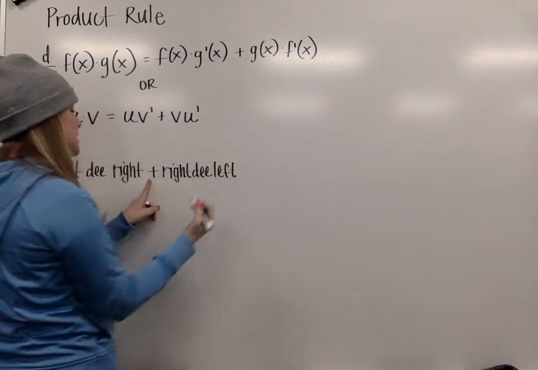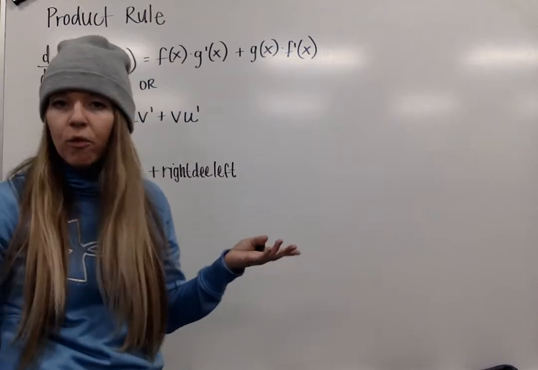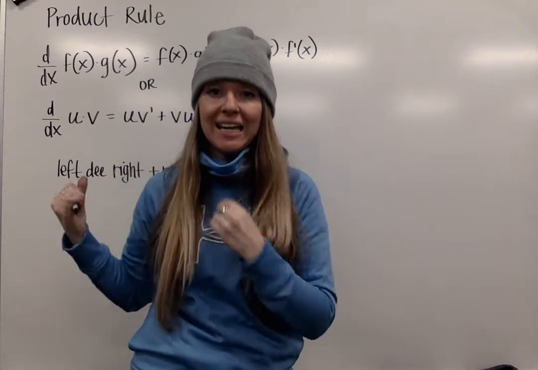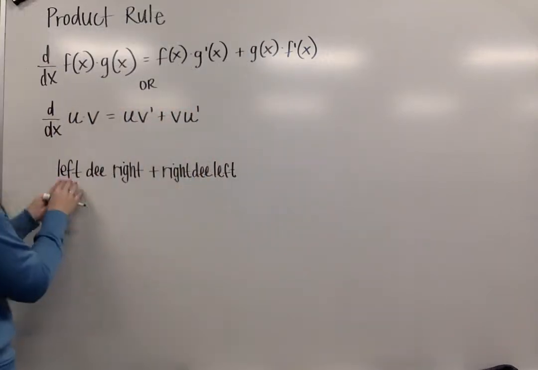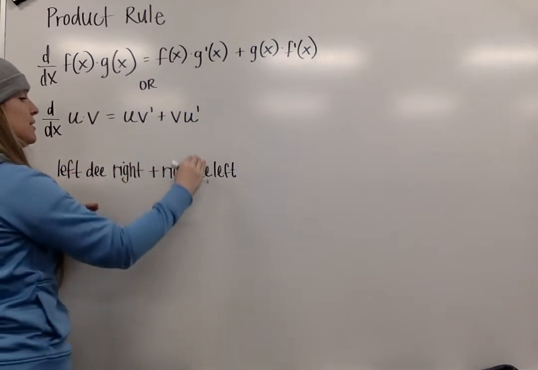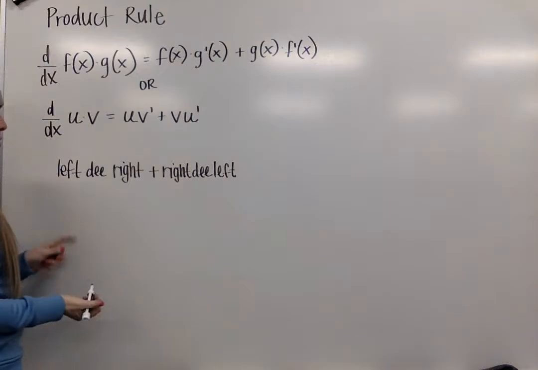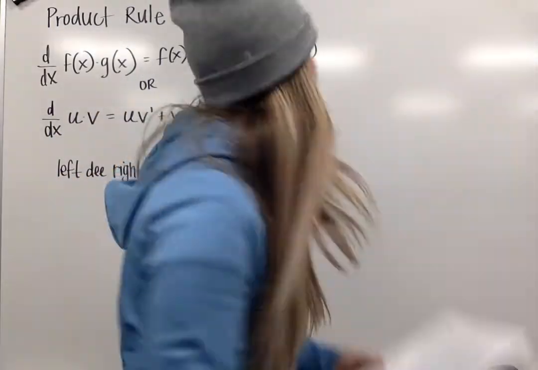Because this is addition, the order doesn't super matter, but it is going to be helpful when I'm doing it a certain way. So if you get used to doing it in this exact order, we'll be on the same page. Again, left d right plus right d left. D means derivative. That's why we see the u primes and the v primes. So let's dive in and look at an example.